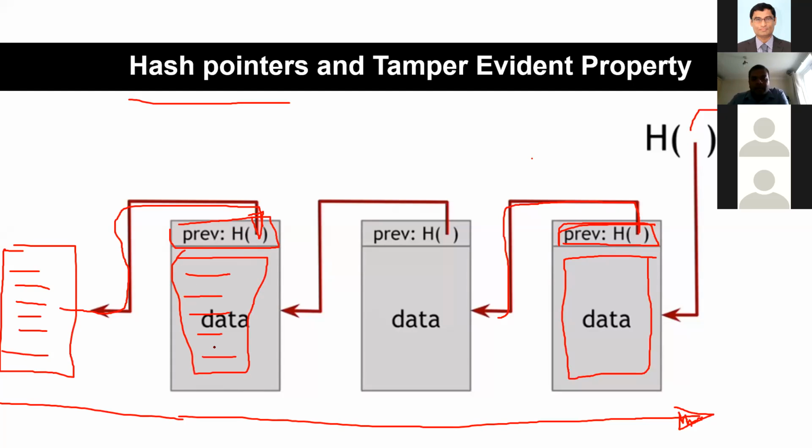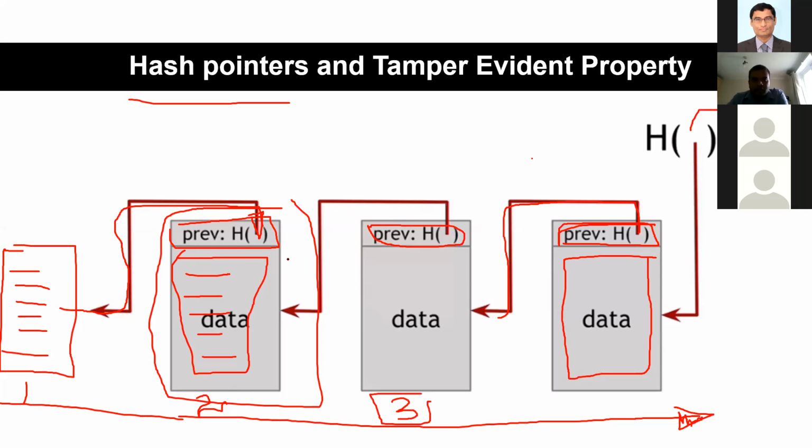So this is block 1, this is block 2. When we build block number 3, we will take the hash of this whole block and put it here. So the new block is linked to the previous block. This is the link to the previous block, and this is the new data.